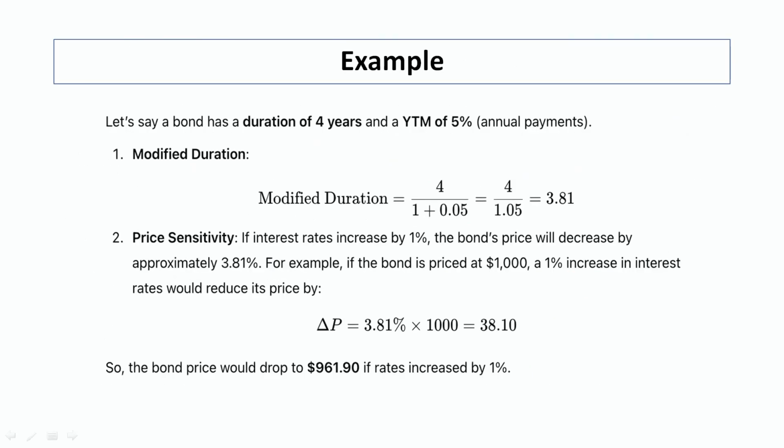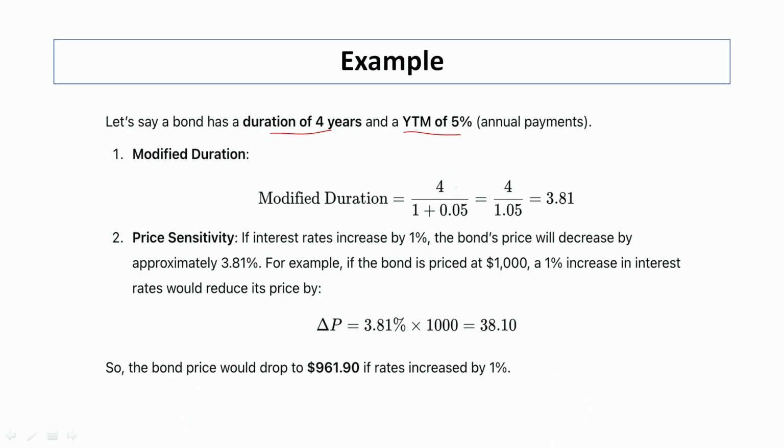So, in this particular example, the duration of the bond is 4 years, it is already mentioned. If it is not mentioned, we have to calculate it. So, basically in all the bonds, the duration of the bond is mentioned while the issuer is issuing. So, we have it. Then YTM is 5%. In the previous lecture, we have gone through how to calculate the YTM, so we can calculate it also.